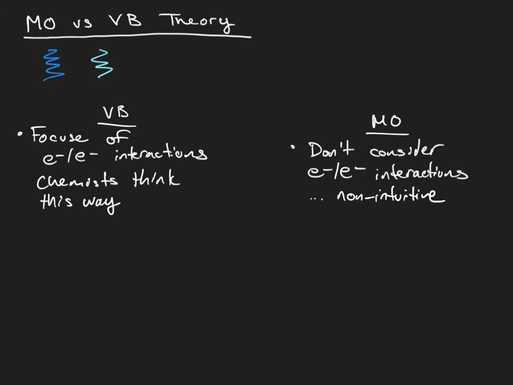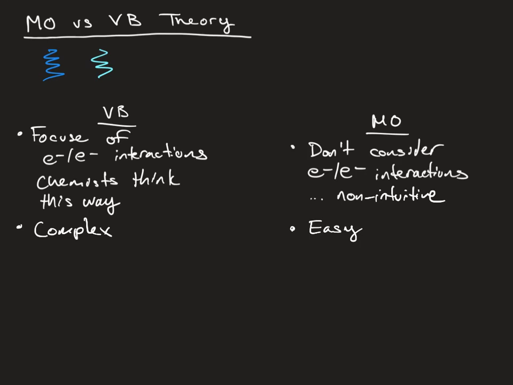Now, the flip side of this is that MO theory is rather easy to set up and get qualitative and quantitative answers quickly. In contrast, valence bond theory, to do correctly, is rather complex. So you saw, looking at H2, we had to come up with all these valence bond wave functions and weight these together properly in order to come up with a correct description of H2. And that was just for H2, just a 2-electron system.